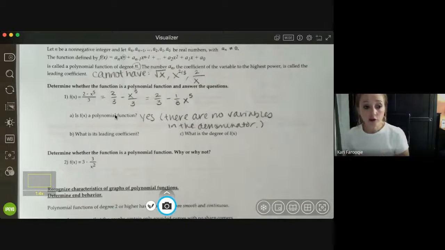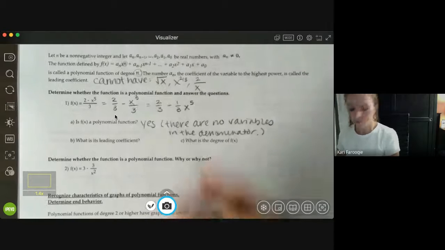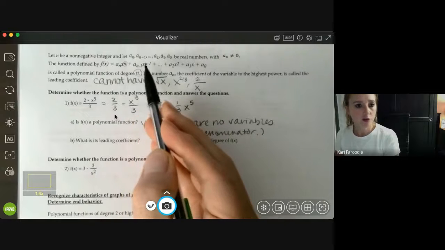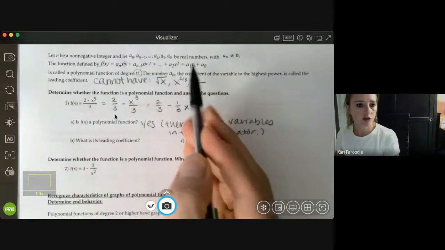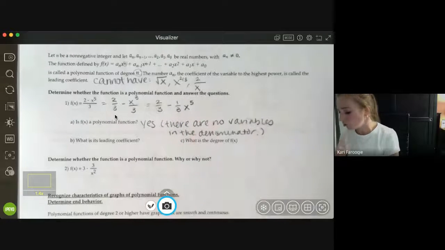Now the next question for B is, what is the leading coefficient? Don't say 2/3 because you have to have this written in descending order. That means that the powers on your variable should start in the first term with the highest power and then go downward. And you can see that happening here in the definition. You're starting with the highest powered exponent, and then you're just decreasing it by 1, and then eventually going down to x to the second power, x to the first power, x to the 0 power, because the quantity to the 0 power is just 1.